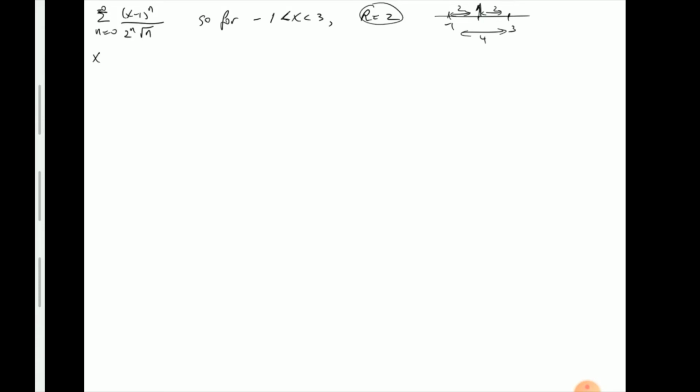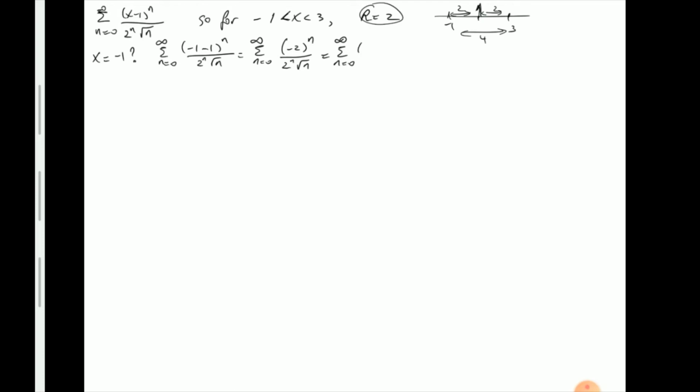So what happens if x is equal to minus 1? I'm going to plug in minus 1 into the series. And notice that at this point, the series becomes an alternating series, minus 2 to the n. Do any simplification that may be possible.